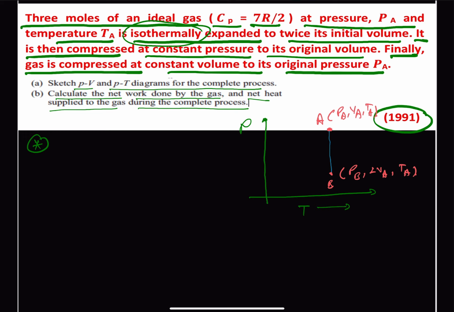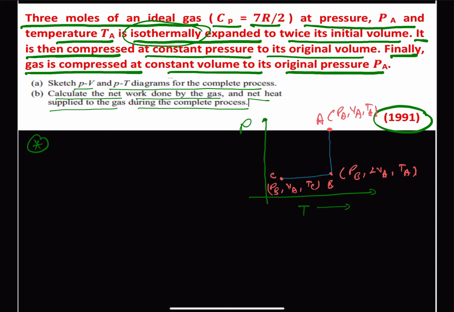Now it is compressed at a constant pressure, and let us suppose it reaches a certain point C. And here at point C, our pressure will be Pb because it is a constant pressure, and it comes to the original volume. Original volume is our Va, and temperature is suppose our Tc.